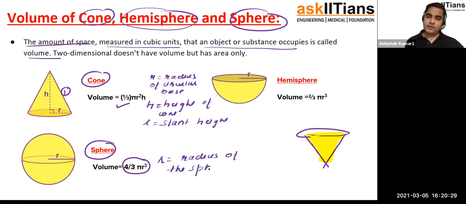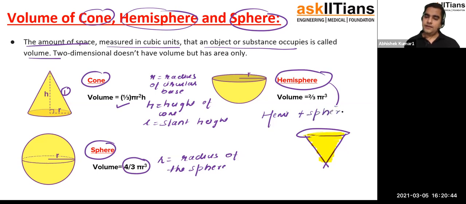Clear? And what is the volume of a hemisphere? We all know that a hemisphere is actually half of a sphere. Hemisphere is a combination of two words: hemi plus sphere. So hemisphere means half sphere. Since we are taking half of the sphere, it is very clear that the volume is also going to become half.